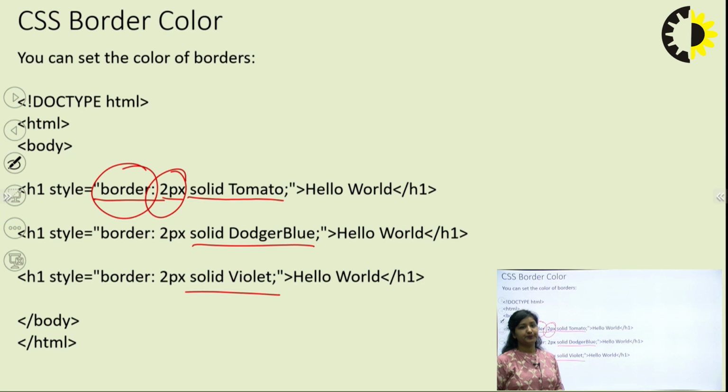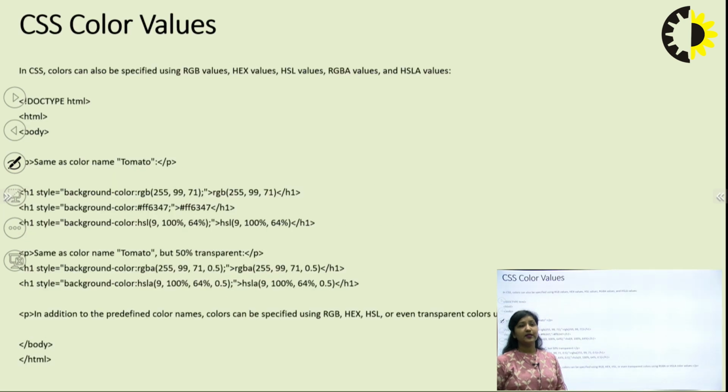Now, next comes the CSS color values. To define the CSS color values, we have this style background-color: RGB. We can have this hexadecimal code, and we can have these HSL values as well. In the previous example, we have seen that I have written the name of the color. If I am not sure about the name of the color, what are the other ways I can write the color? The first one is by the help of this RGB, that is the red, green, blue model.